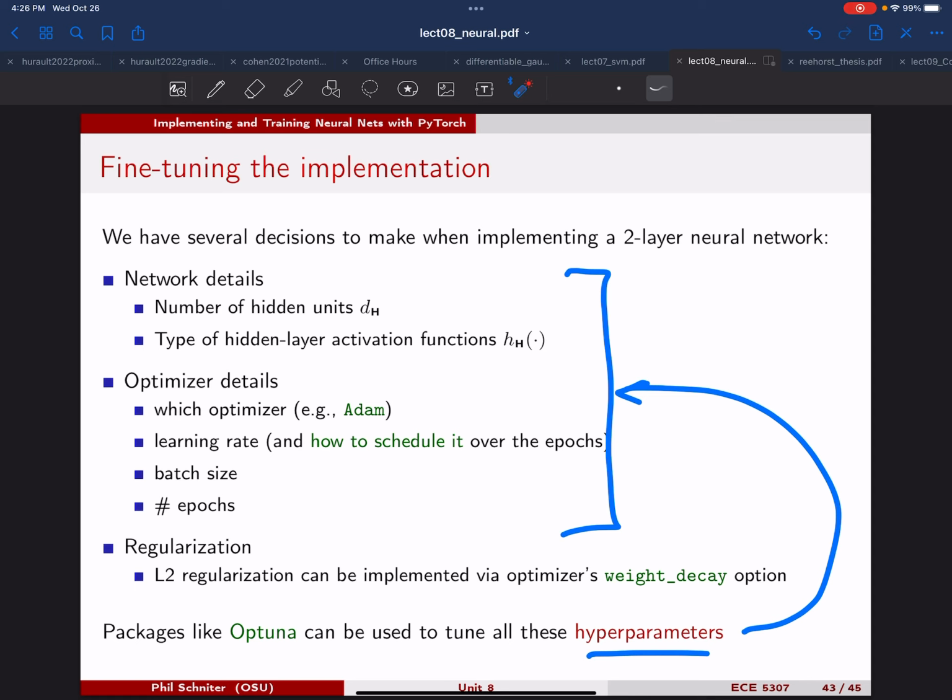And so for the final project, this is something that you'll need to do, and you're welcome to use either of them. From what I've seen in previous final projects, they work about equal. So people that spend a lot of time, or let's say they're thorough in terms of optimizing all this stuff, usually when they try Optuna, it doesn't work that much better or any better. It's very similar.